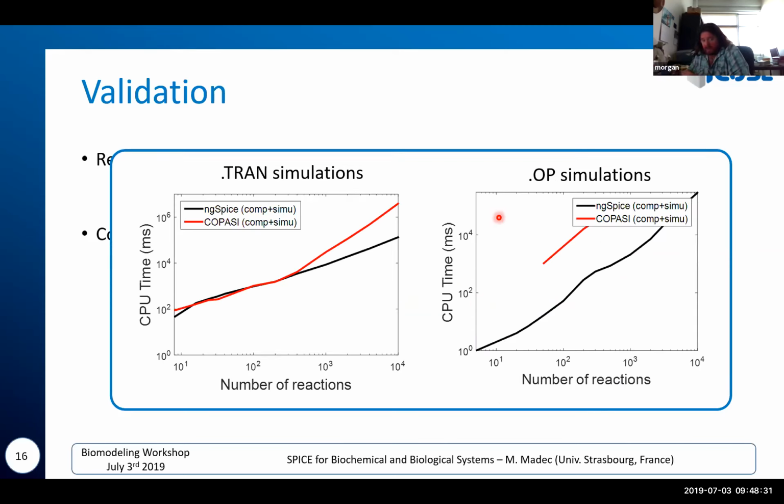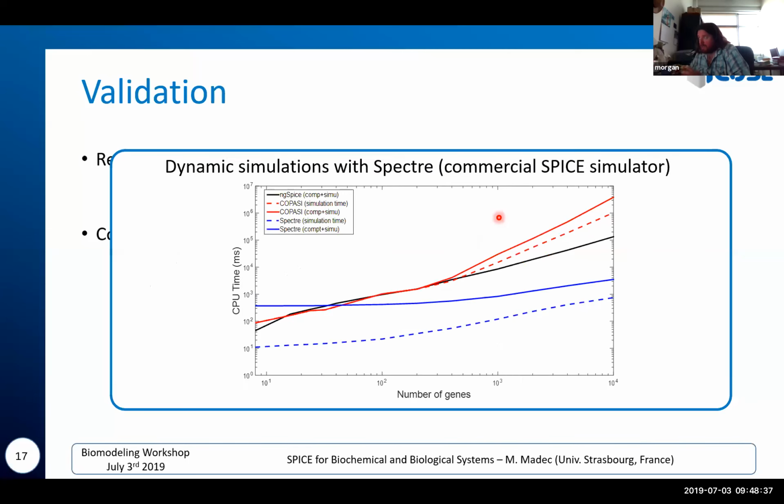This was the result with ngSPICE. Again, ngSPICE is an open source free SPICE simulator. If you use commercial SPICE simulators, like for example Spectre, which is used in the microelectronics industry for the design of large scale circuits with many transistors, you can see that it's very spectacular. Here you have 1, 2, 3 orders of magnitude in terms of computation time.